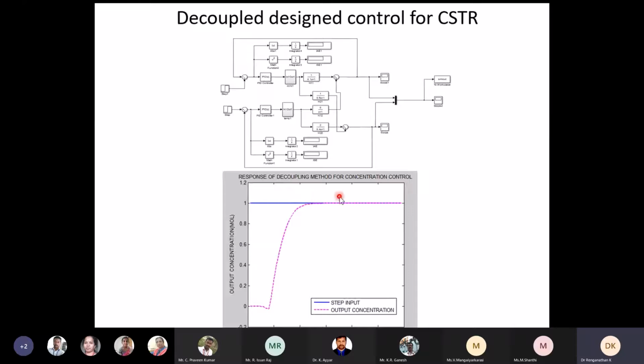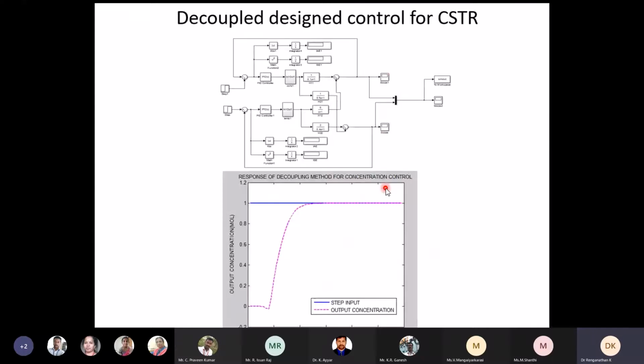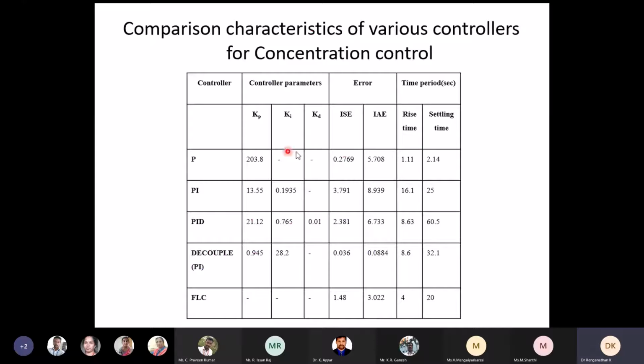So for concentration, we are able to obtain the control design by using the decoupled design method. We have not done it for temperature, but we have done it for concentration control. And these were the various parameters which were obtained, that is the controller parameters and the error parameters for the controllers which we have used.